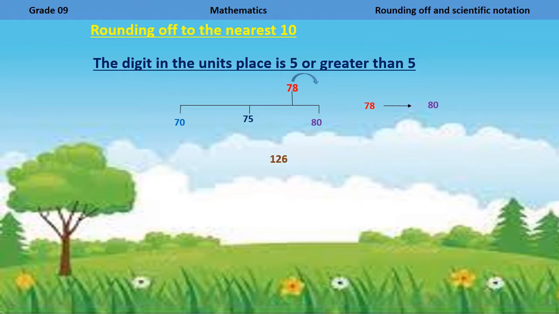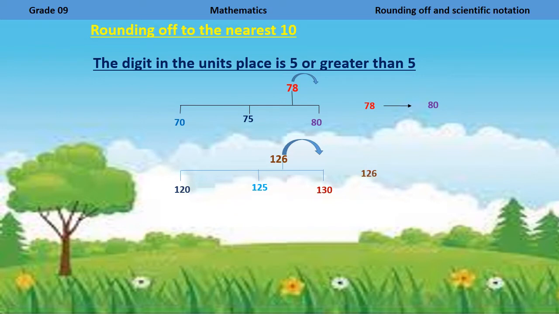Next one, 126. 6 is the digit in the units place and 126 is in between 120 and 130. The mid value is 125. Then 126 is closer to 130.